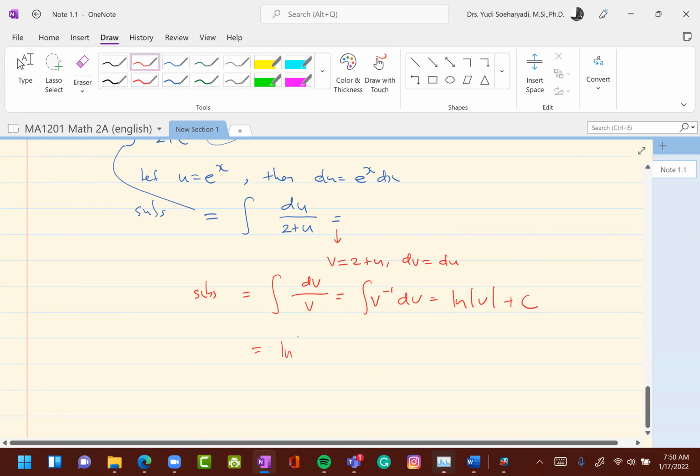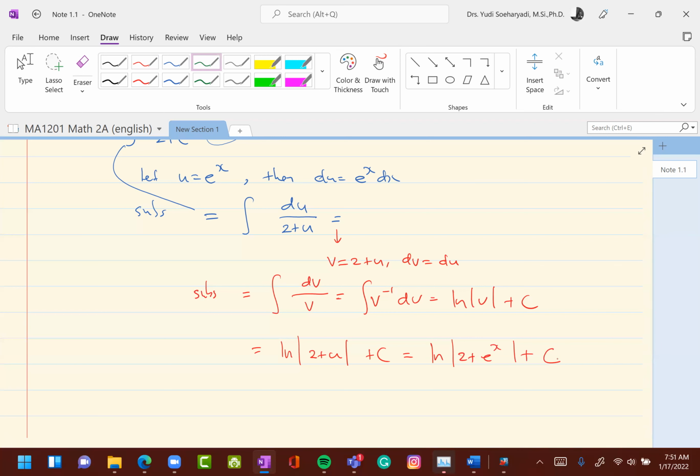So this is ln of 2 plus u, change to x, then this gives ln of 2 plus e to the x.